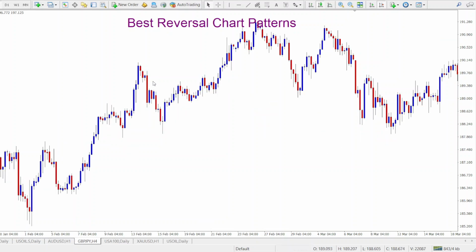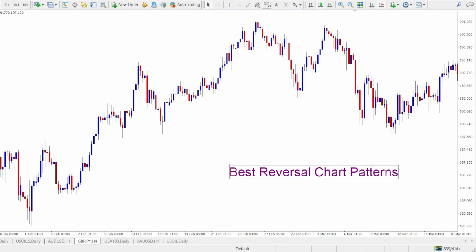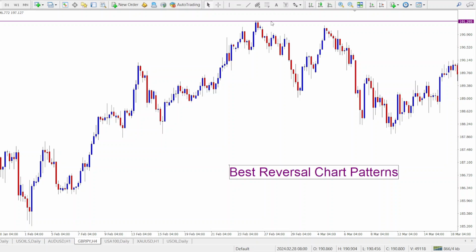As we can see here, for example, the middle peak is always the highest, which we call the head, and 2 smaller peaks on either side. You can see there's a peak here, there is a peak here, but the one in the middle is always the highest.